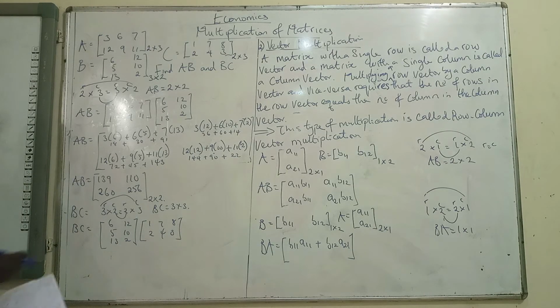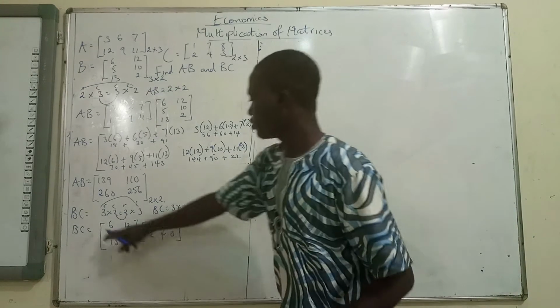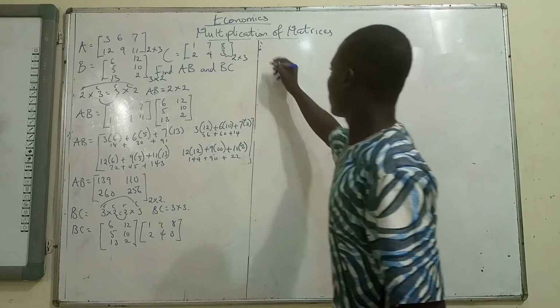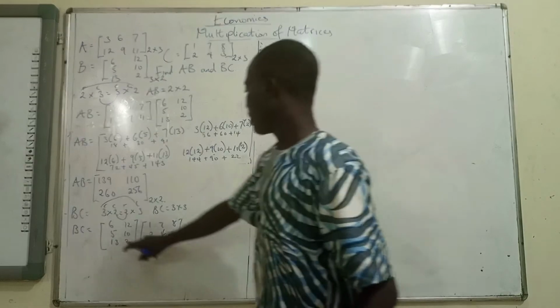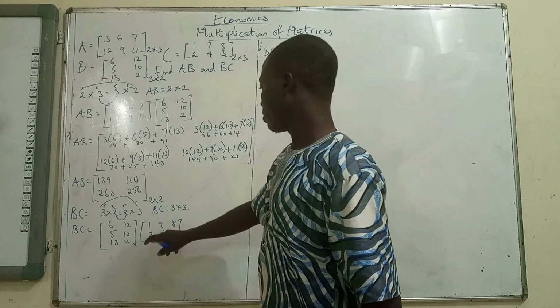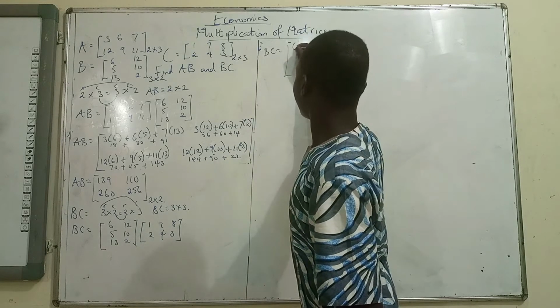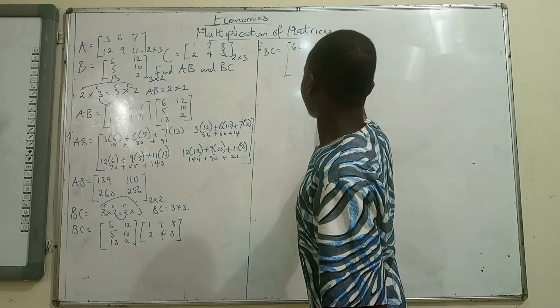Okay, so let's expand this. So expanding that is going to give us row multiplied by columns. So BC will then be 6 multiplied by 1 plus 12 multiplied by 2.